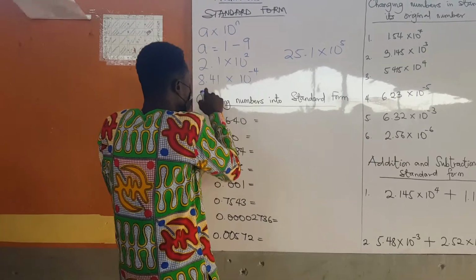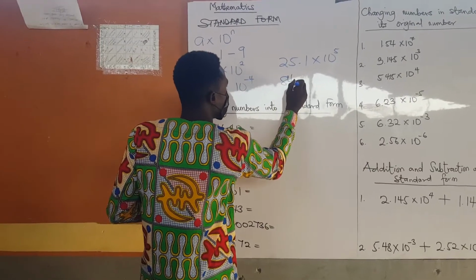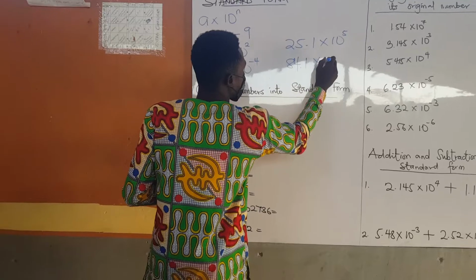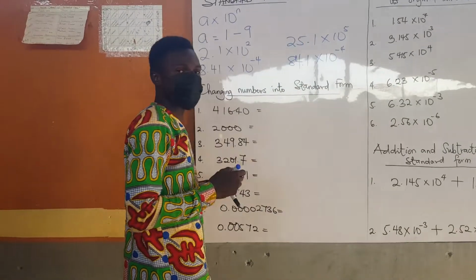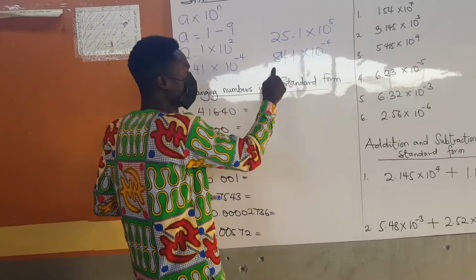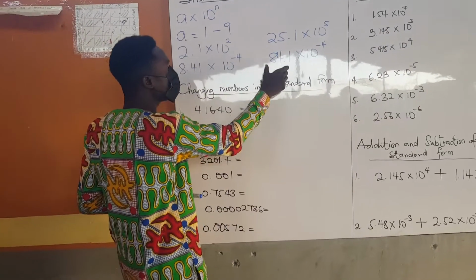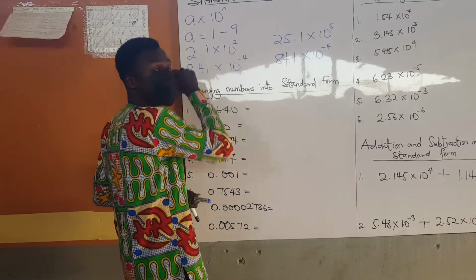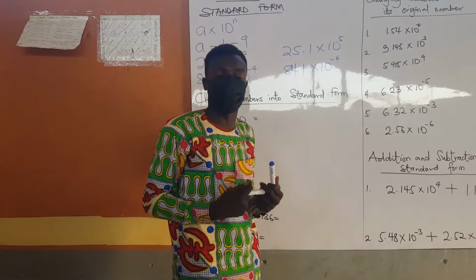The same thing happens if you have 84.1 times 10 raised to the power negative 4. Although we have times 10 raised to the power, this 84, we can't locate in the numbers from 1 to 9.